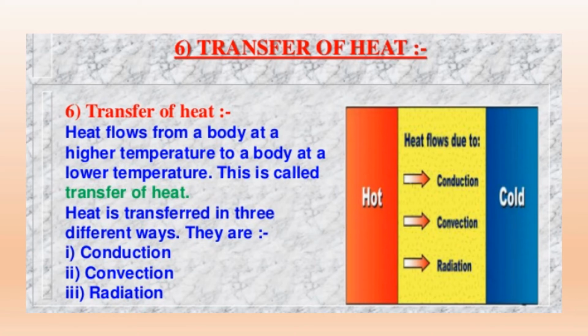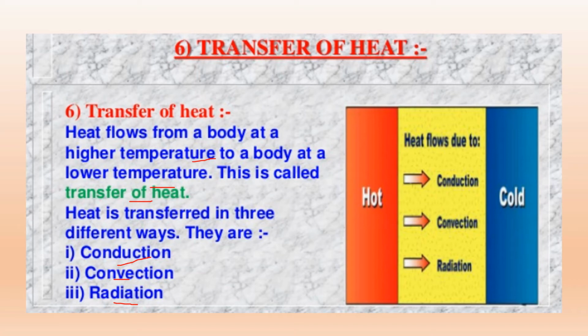The next part is the transfer of heat. That means how the heat is transferred from a hotter object to a cooler object. So heat flows from a body at a higher temperature to a body at a lower temperature. This is transfer of heat. Heat is transferred in three different ways: conduction, convection and radiation. We will be studying conduction, convection and radiation in detail.